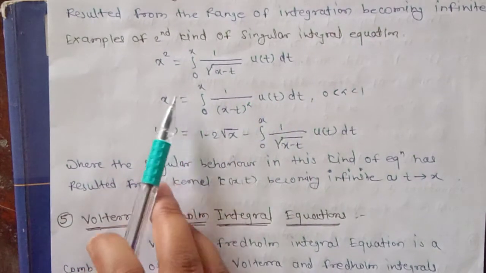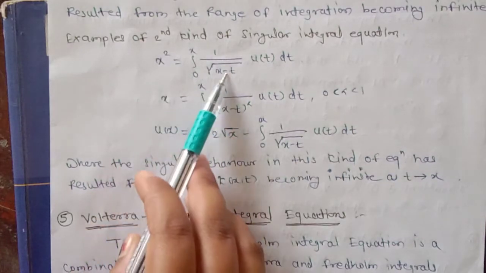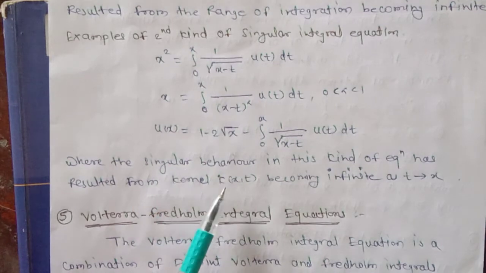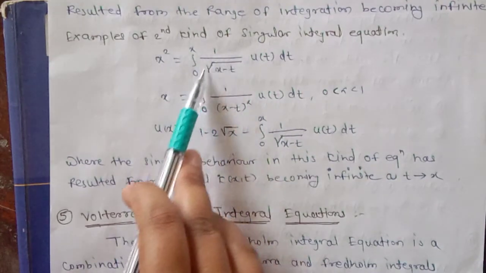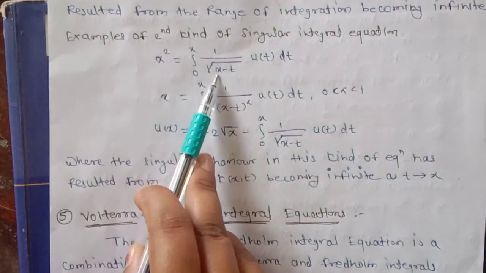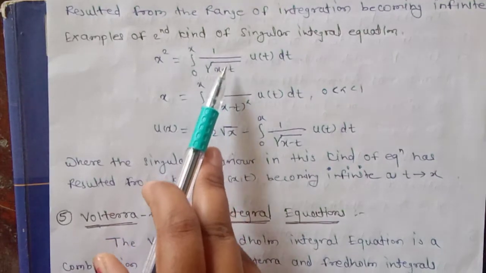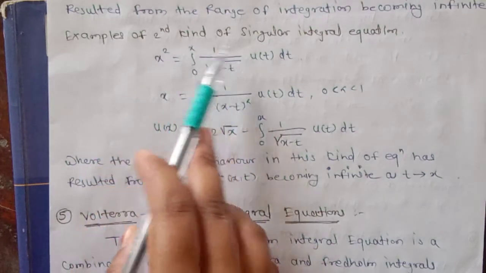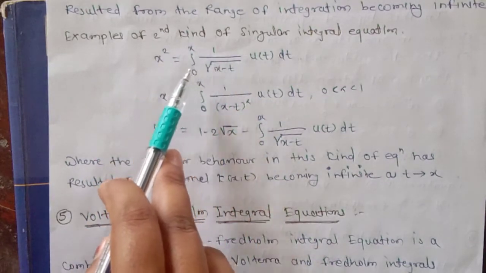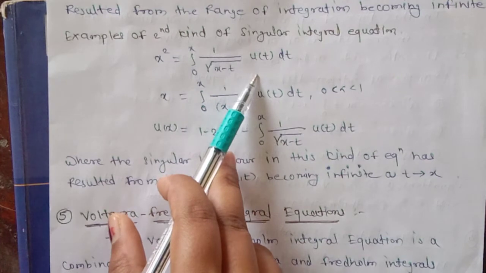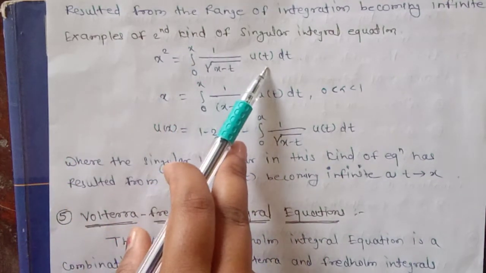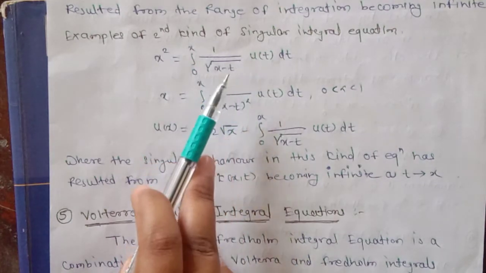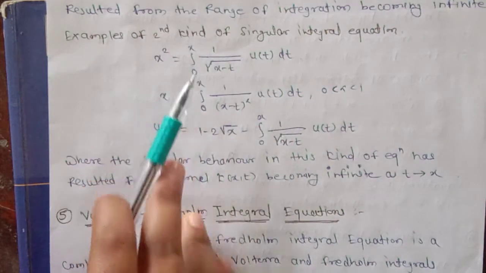Now another example is where the singularity occurs, as t tends to x, that is, we put t equal to x, therefore x minus t becomes 0 and 1 upon 0 is infinity. So the kernel becomes infinite, so this is also a singular integral equation of the second kind. This is the second kind form of a Volterra and Fredholm integral equation.